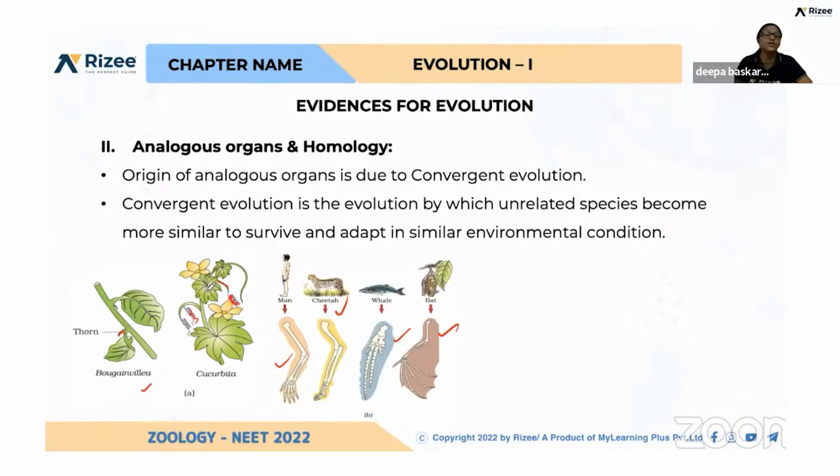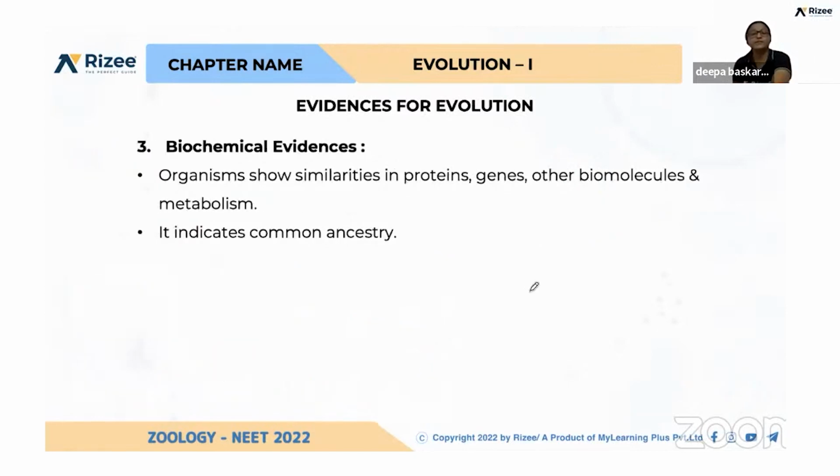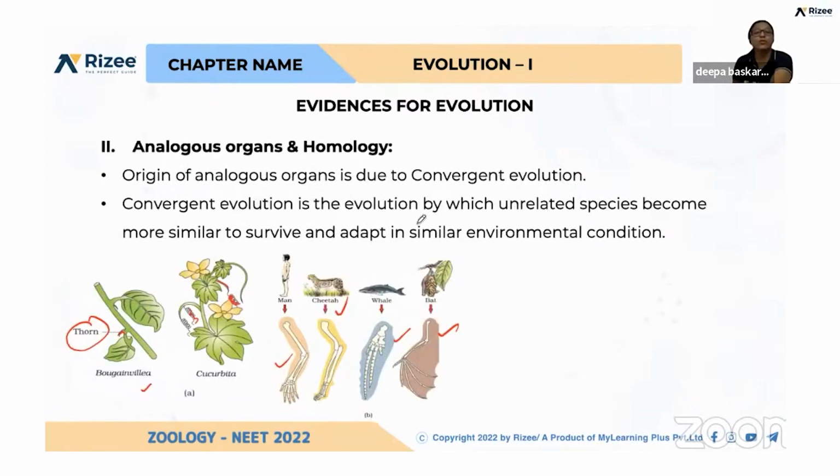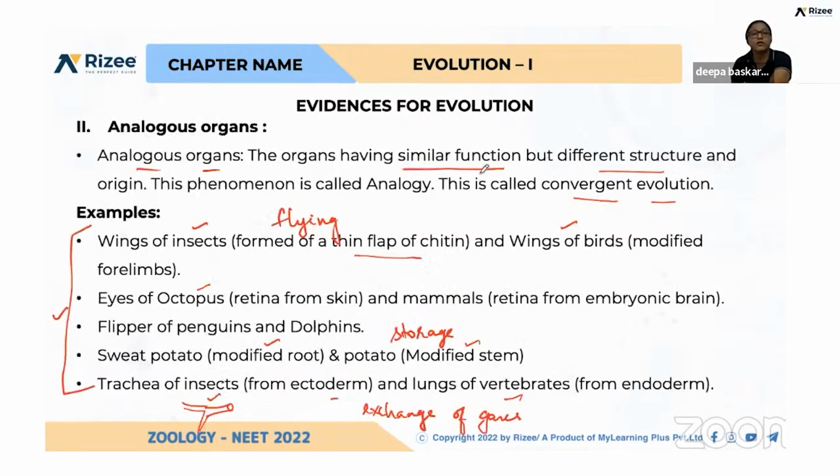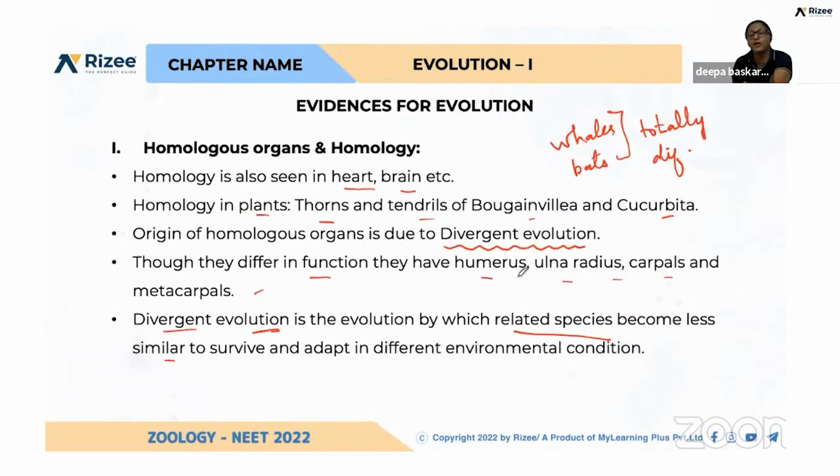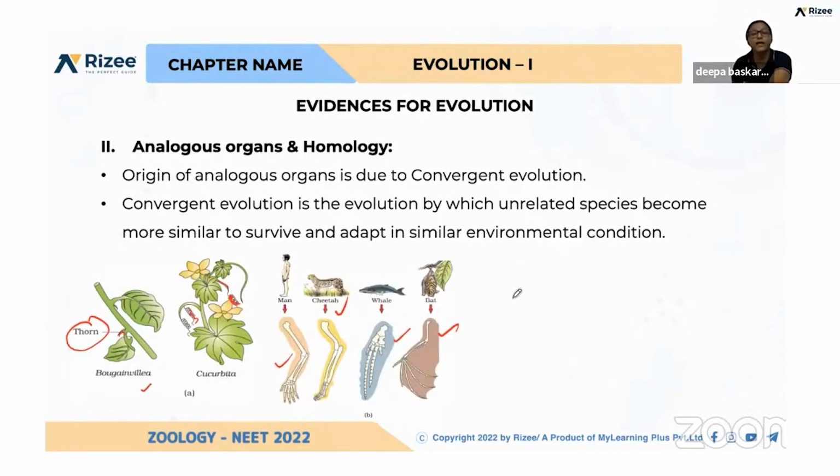Same structure but different function. The thorn is for protection from predators, while climbers have these tendrils for climbing. So that's all about morphological and anatomical evidences. We have completed paleontological, morphological and anatomical evidences.